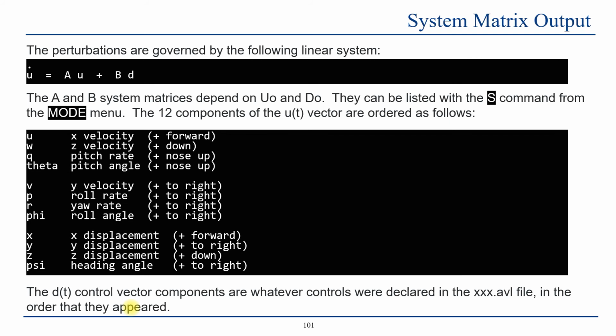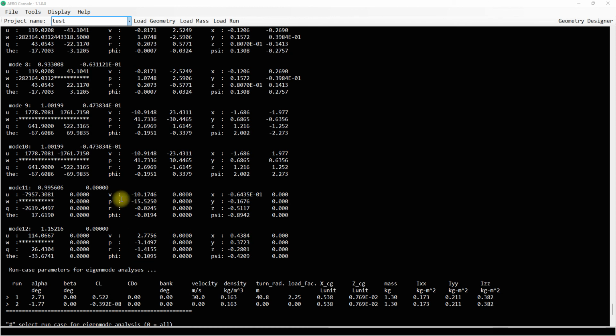If you defined the first control surface in your geometry to be rudder or elevator, that will be D1 in your control input. So they will appear based on how they appear in your geometry file, if there are any control surfaces.